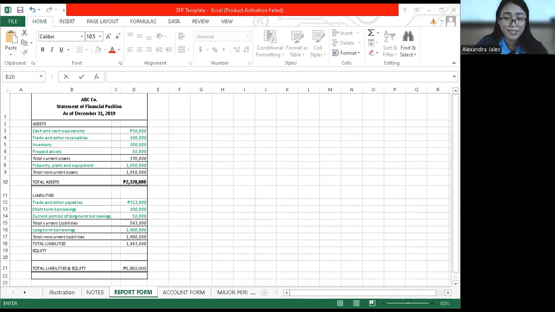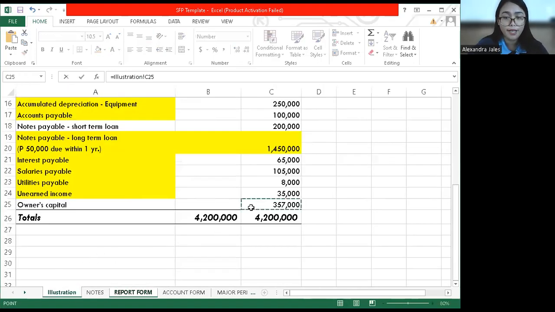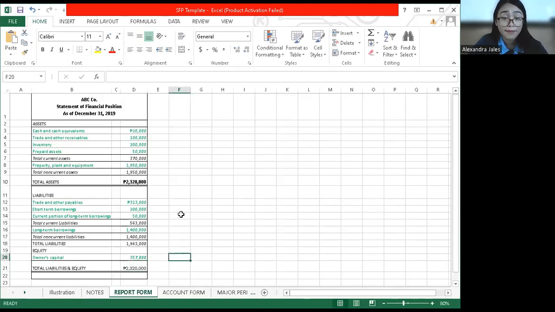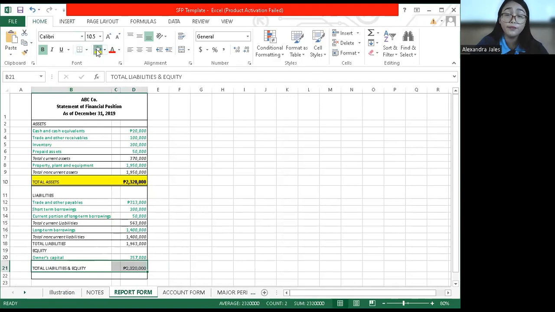We write the owner's capital first in our account. So let me write it down. And we have the amount. The amount is 357,000 pesos. And did you check the liabilities and the assets are equal? You have to make sure it's equal. You have to do the same thing with your account form.